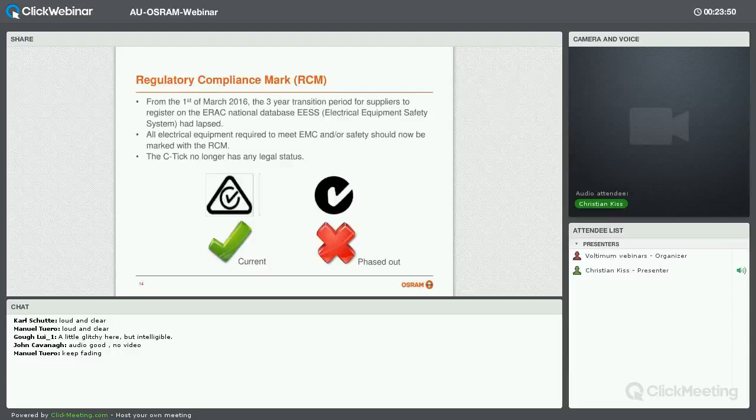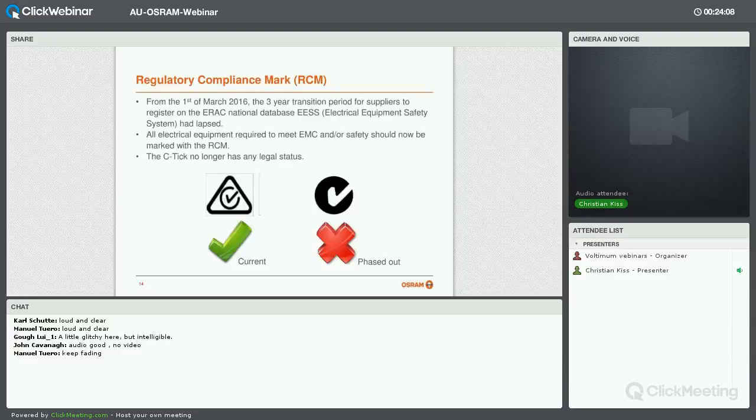On the 1st of March 2016, there was a 3-year transition period, which obviously started back in 2013, for suppliers to register on the ERAC national database called the EESS, which is the Electrical Equipment Safety Scheme. And that time had lapsed as of 1st of March.